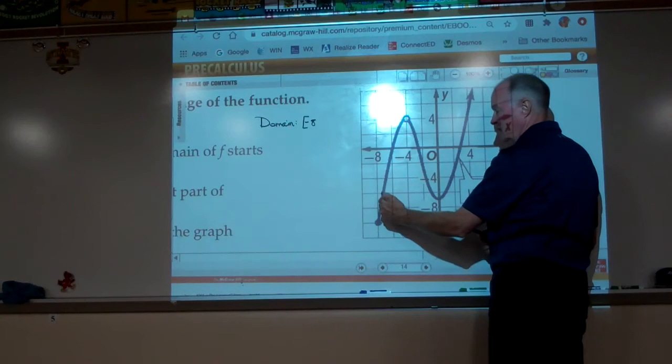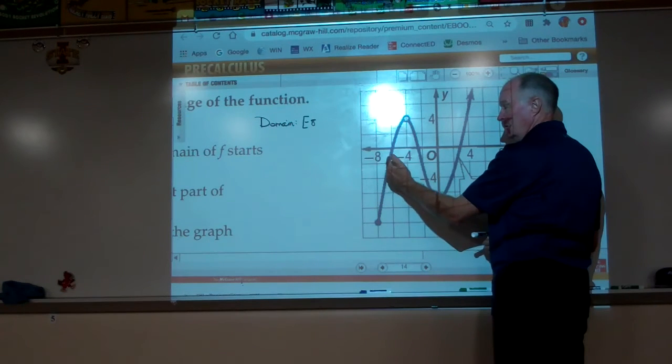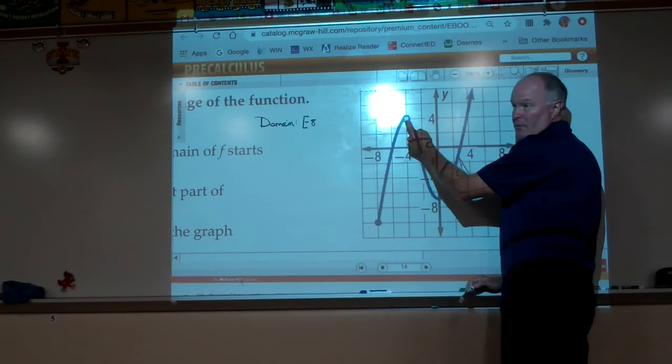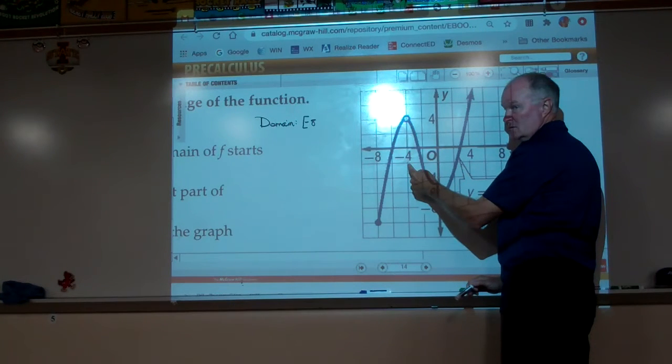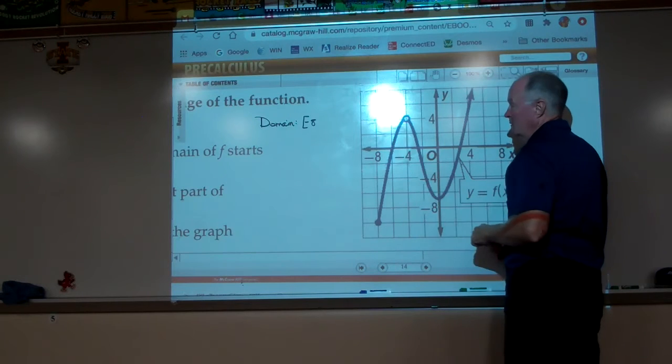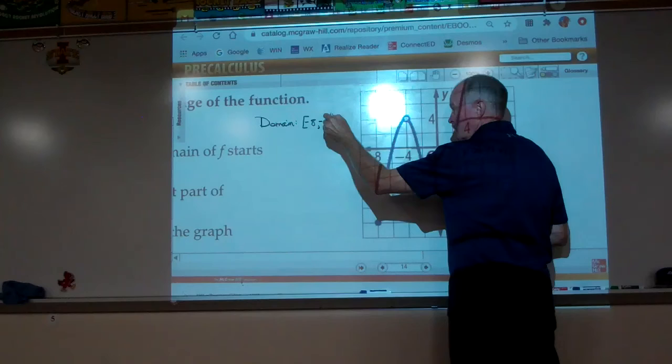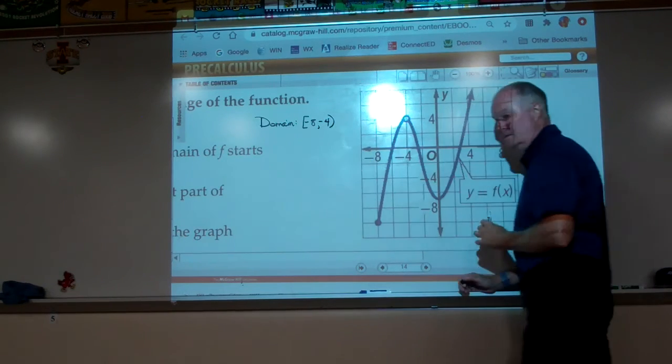If I keep going on this graph, I keep hitting something, keep hitting something, keep hitting something until I get to an open dot at -4. Okay? So I got to stop at -4 and have an open dot.